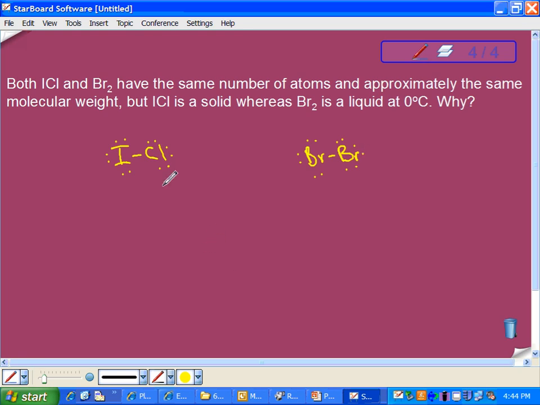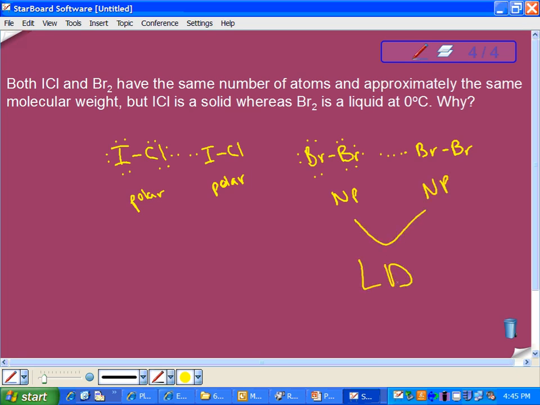So the difference is this right here is a polar compound. So if it were being attracted to another ICl, this one is nonpolar. So what these have going for them is London dispersion.